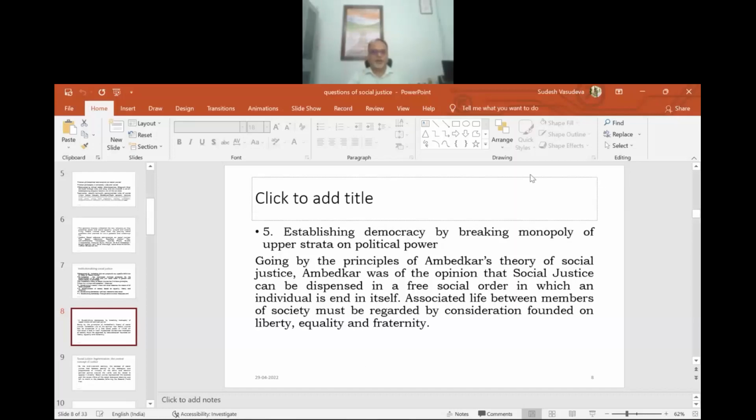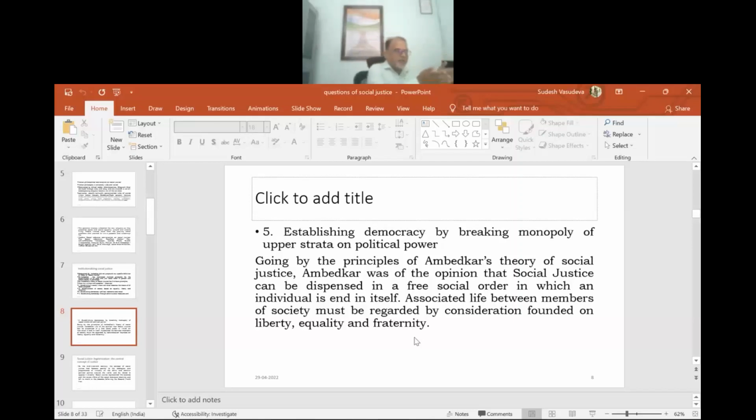That was most important. So going by the principles of Ambedkar's theory of social justice, Dr. Ambedkar was of the opinion that social justice can be dispensed in a free social order in which an individual is an end in itself. Associated life between members of society must be regarded by consideration founded on liberty, equality, and fraternity.